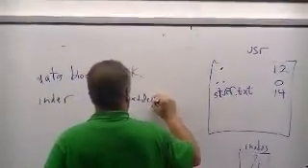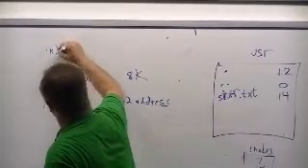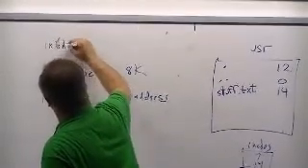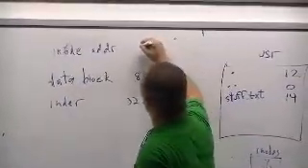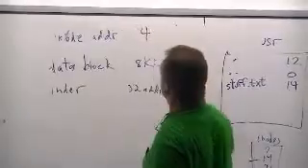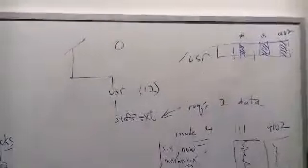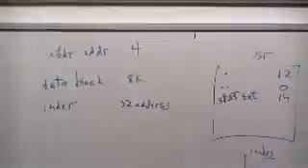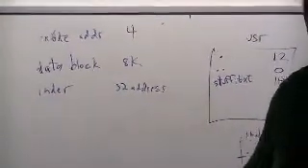Suppose that the inode could only hold 4 addresses. What's the biggest direct access file that I could have? 4 by 8, which is 32K. So if my file's bigger than 32K, what do I know I need to do?